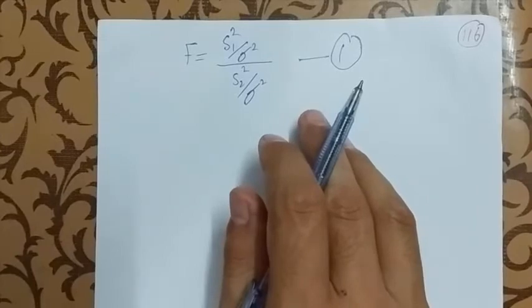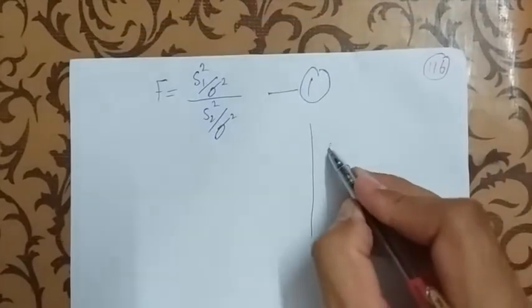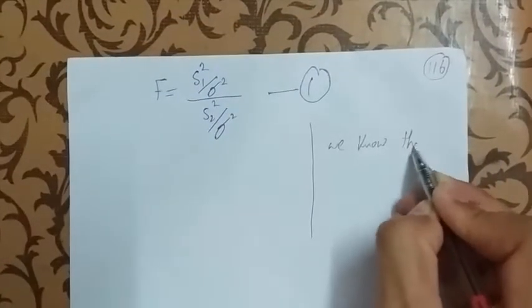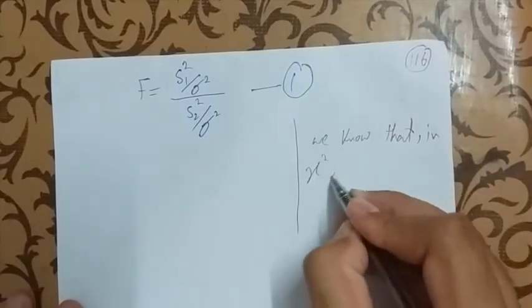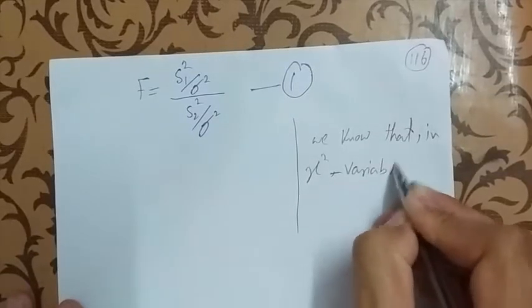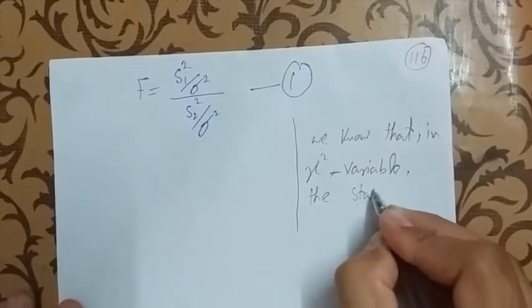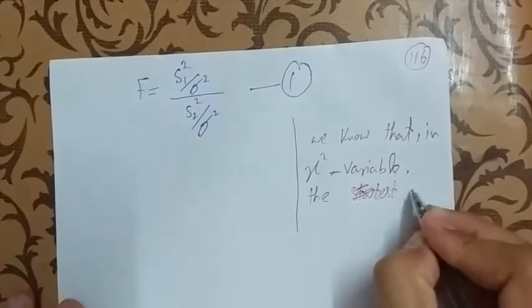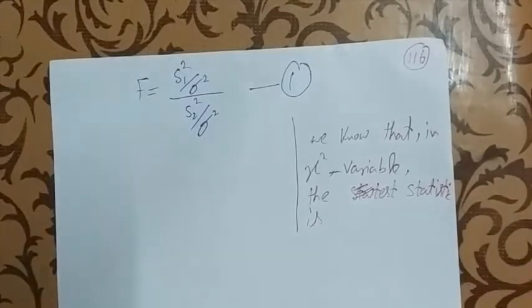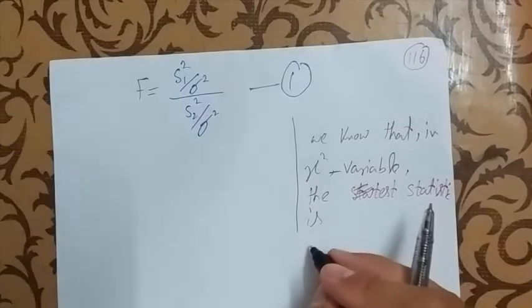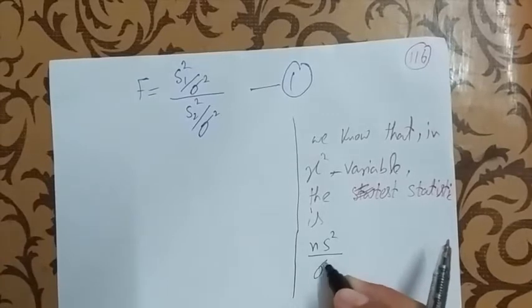Dear students, we know that in the chi-square variable, the test statistics is n S square over sigma square.